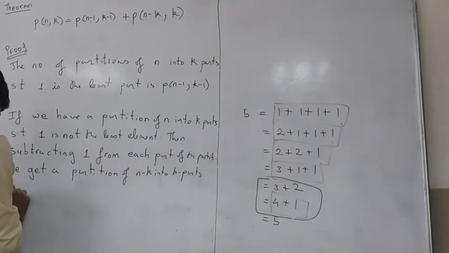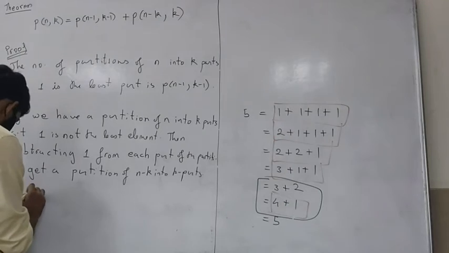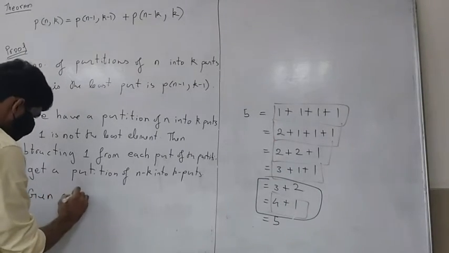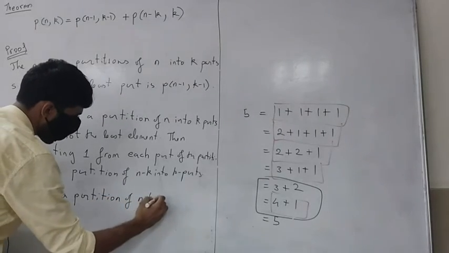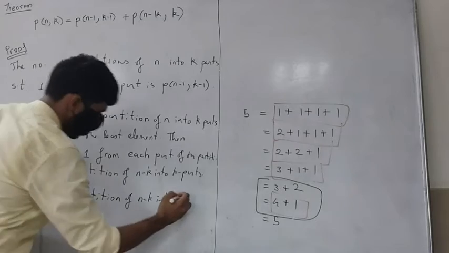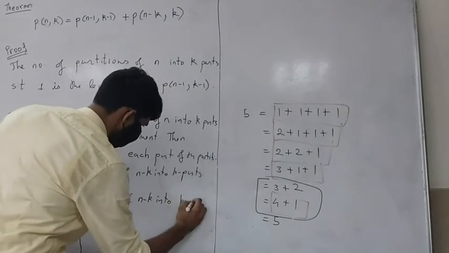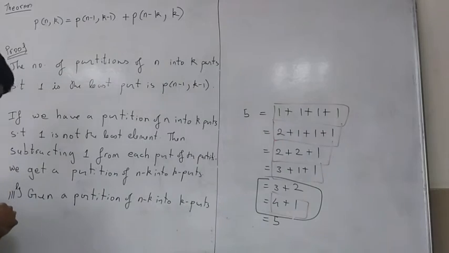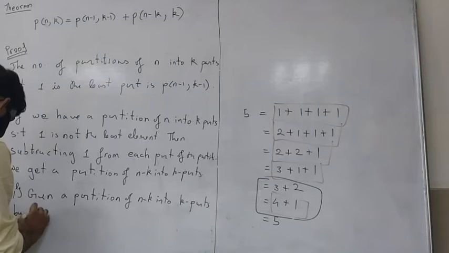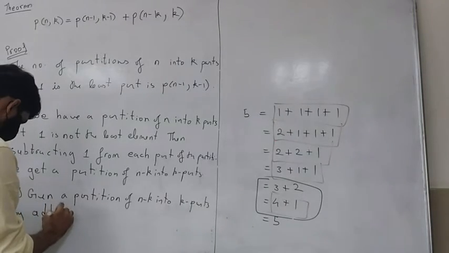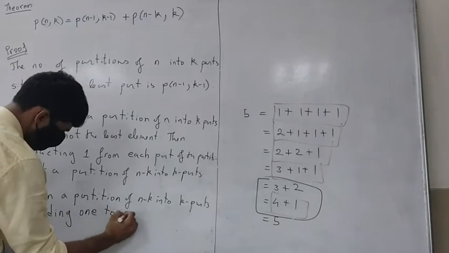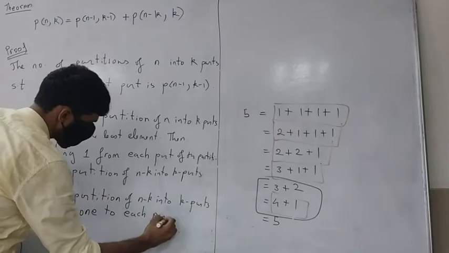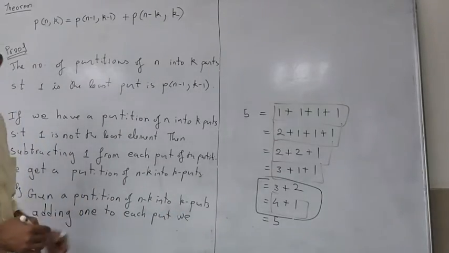Similarly, given a partition of n minus k into k parts, by adding one to each part, what do we get?